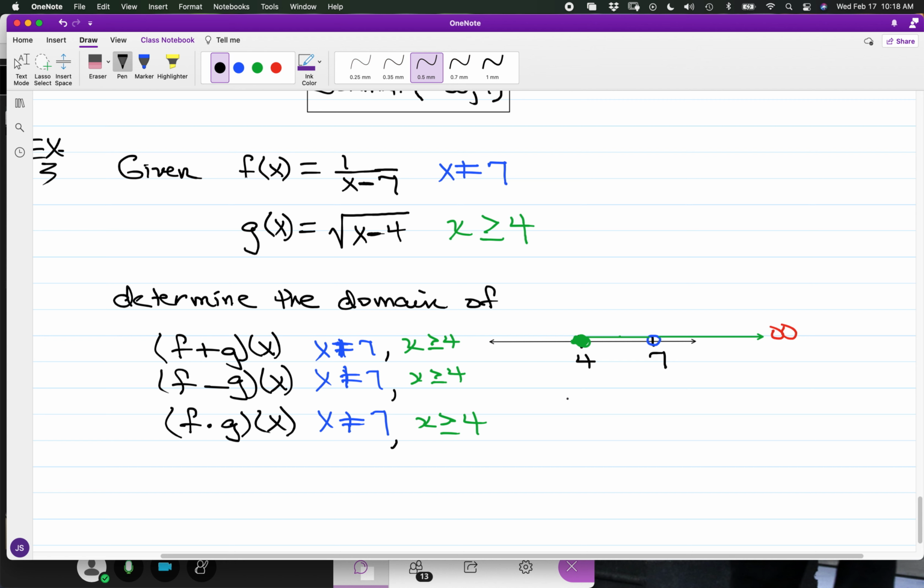It's going to turn out that for the domain of the sum, difference, and product functions, we have starting from and including 4, approaching but not including 7, and then for the rest of the values, going past 7 and all the way out to infinity. So that's going to be the domain for these 3 operations.